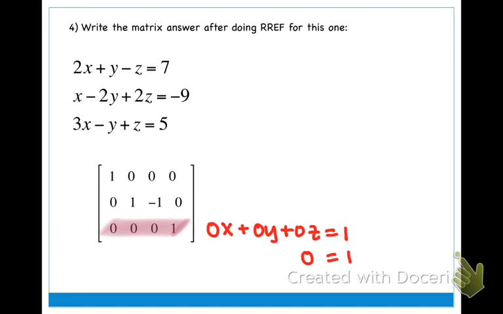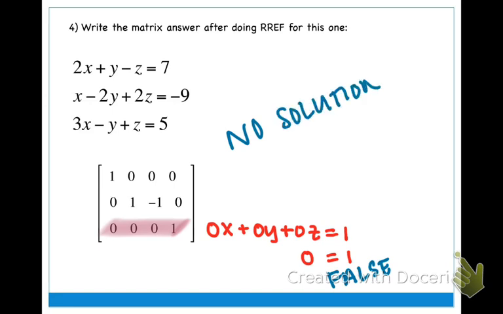This right here is a false statement. And so if I end up with this, where I have a false statement, then I would say I have no solution. There is no x, y, or z value that would make that last equation, 0 equals 1, true.